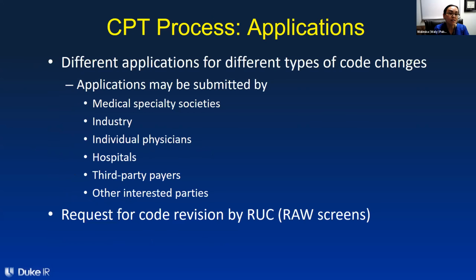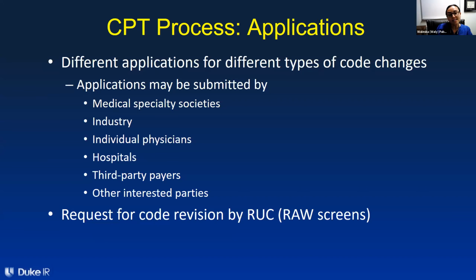The CPT process is through different applications, and different applications exist for different types of code changes. The applications can be submitted by anyone, but most applications are submitted by either medical specialty societies or industry. The other way a request can go to the CPT panel to revise a code is through the RUC, which is the second arm of the AMA, the one that's in charge of valuation.